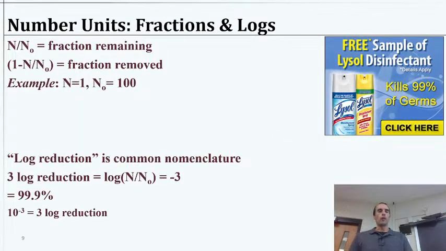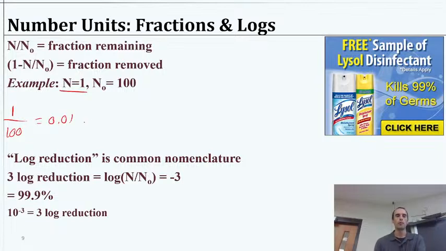Okay, so if N over N naught is the fraction remaining, 1 minus that is the fraction removed. So in the example of if we have N equals 1 afterwards, our N over N naught is 1 over 100. That means that 0.01 is remaining as a proportion. We could say that's 1%.